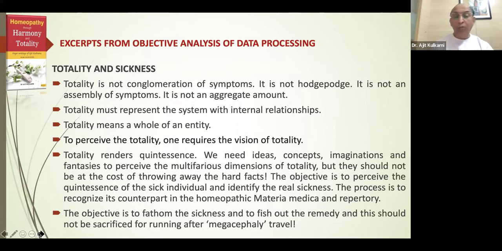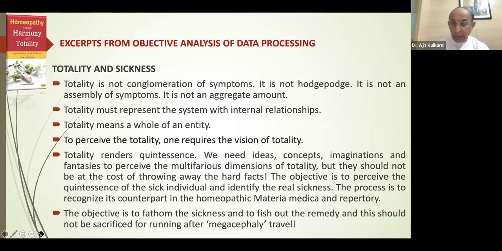Totality is not a conglomeration of symptoms. It is not a hodgepodge. It is not an assembly of symptoms. It is not an aggregate amount. So we are not talking about quantity. Totality must represent the system with internal relationships. In a house, there are 10 members.